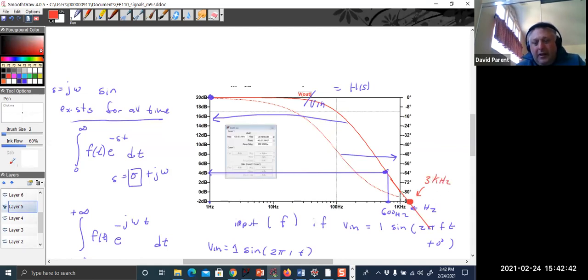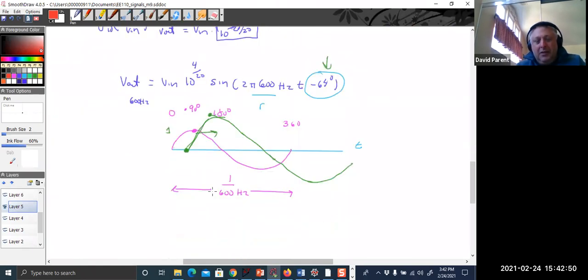I can tell that the phase is minus 90 and the gain is minus 2 dB. So V out will equal V in, which was 1 volt, times 10 to the minus 2 over 20, times sine 2 pi 3k t minus 90 degrees.